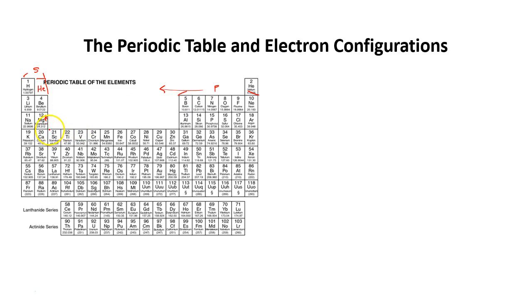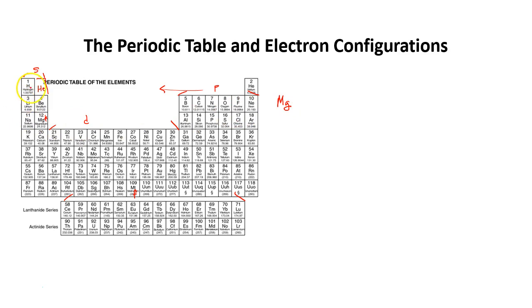This is the D block, and of course this is your F block. All right. So we're going to do the electron configuration for magnesium. So magnesium has an atomic number of 12. It's neutral, so that means it has 12 protons and 12 electrons. So we got to account for 12 electrons for magnesium.